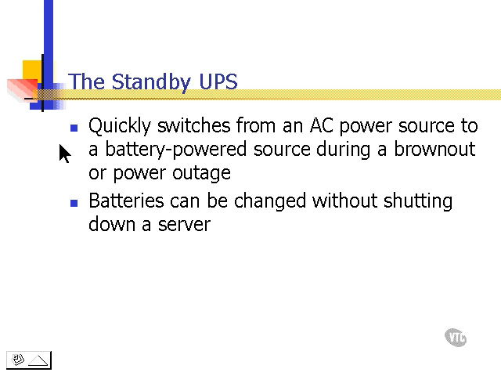The advantage of a standby UPS is that the batteries can be changed without shutting down a server, since as long as there is AC power, the electrical current is not going through the battery, so we can change out an old battery. But the disadvantage is we are relying on the switch to move incredibly quickly.